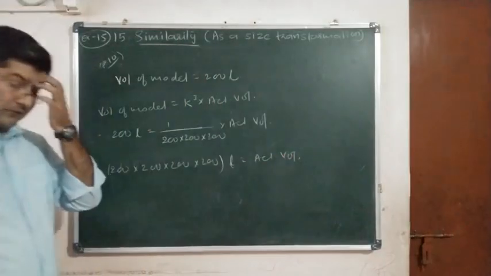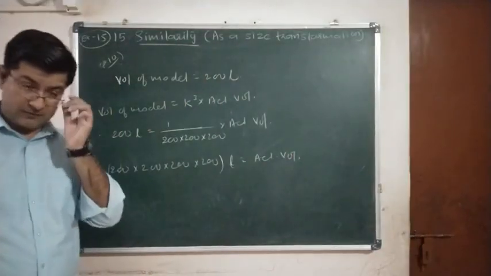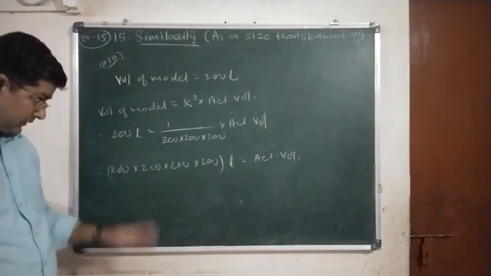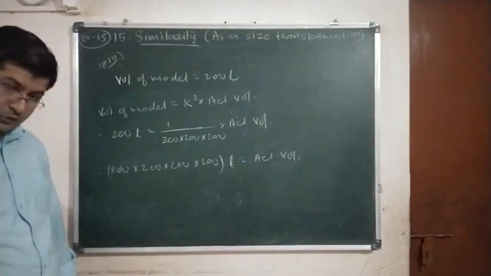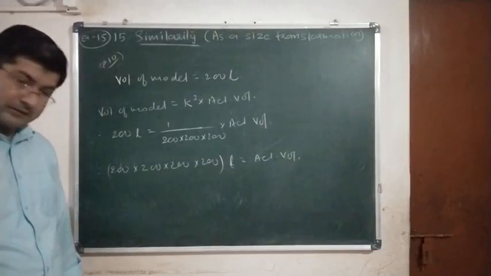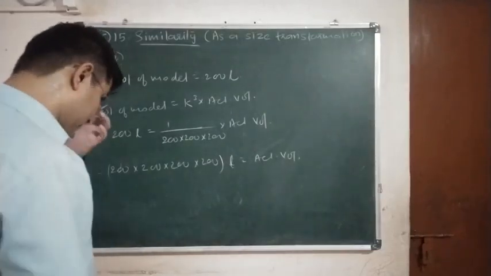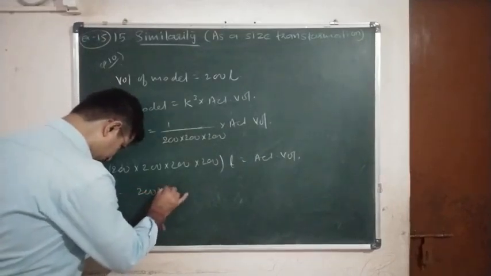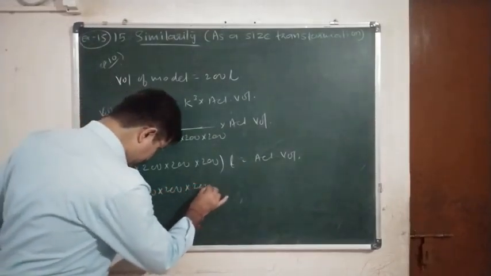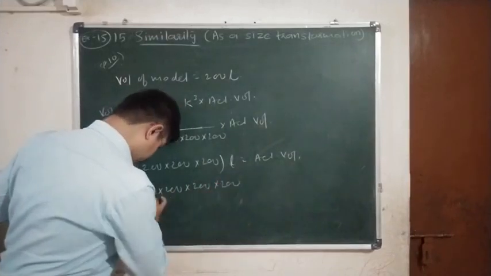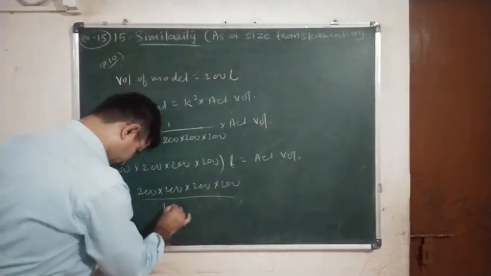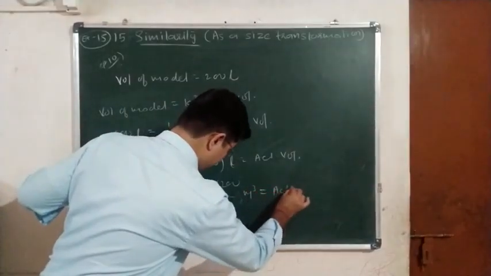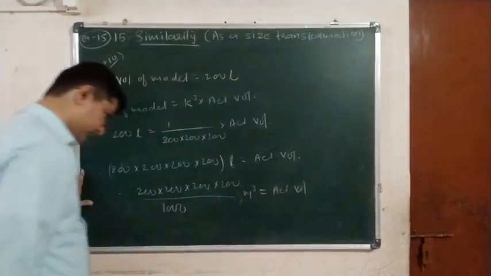Now we know that in 1 cubic meter there are 1000 liters. Yes or no? So if you want to convert this liters into cubic meter, we have to divide by 1000. So let us divide by 1000. Therefore cubic meters is equal to actual volume.